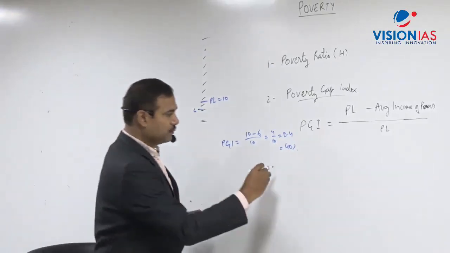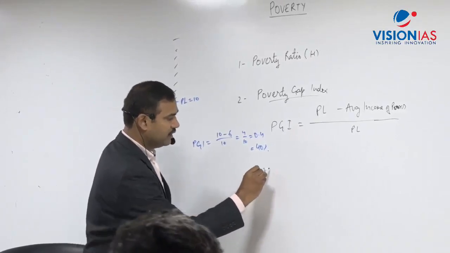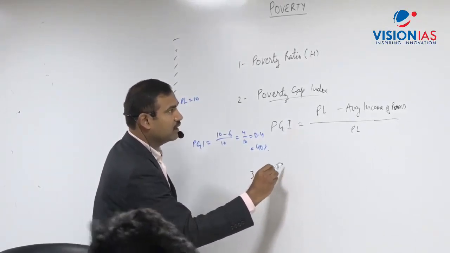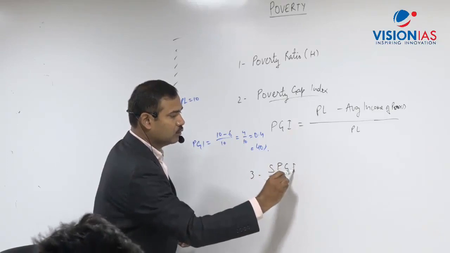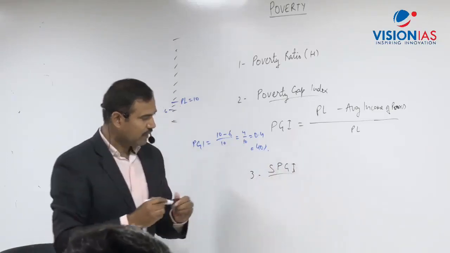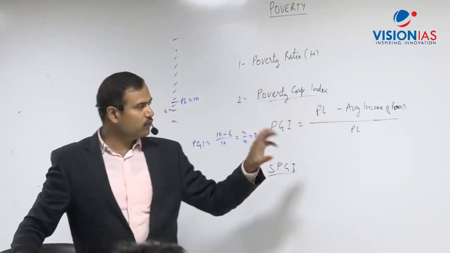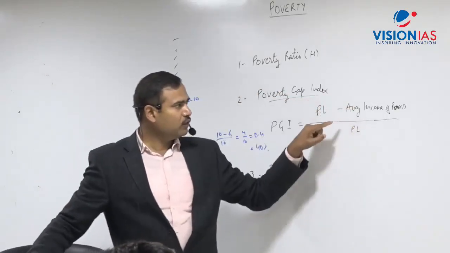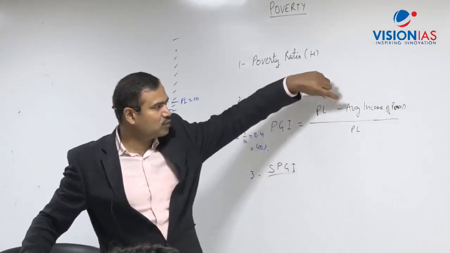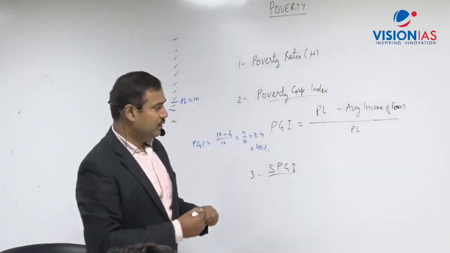The other is SPGI, the squared poverty gap index. What do we do in this? We calculate the poverty gap of each individual poor, using the same formula for each poor, and then we square it.